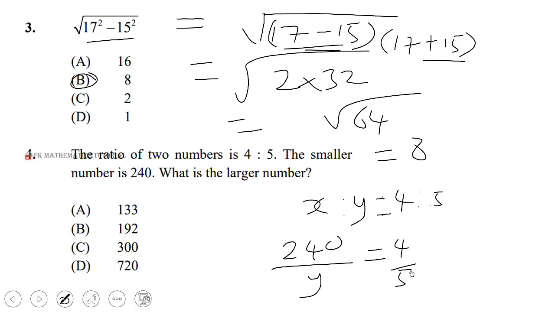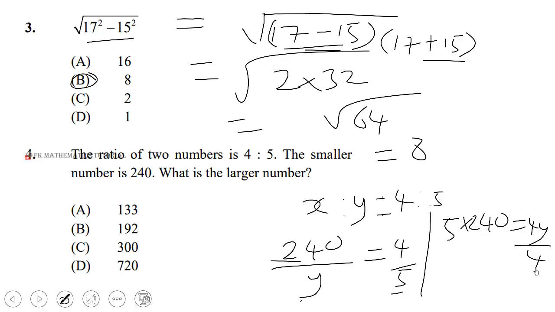So you can multiply through by 5, or you can cross multiply. 5 will multiply this, give you 5 times 240. And y will multiply this, that will give us 4 times y.